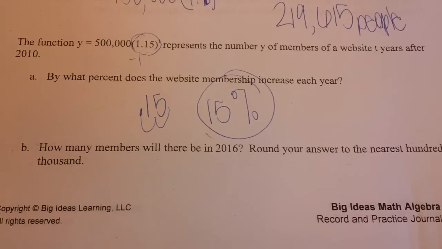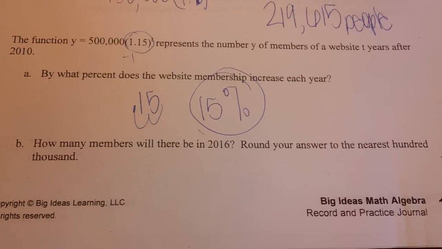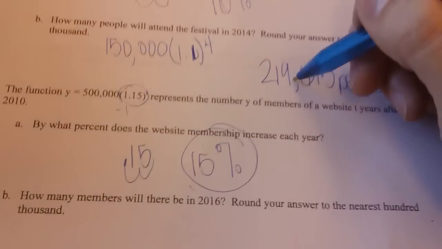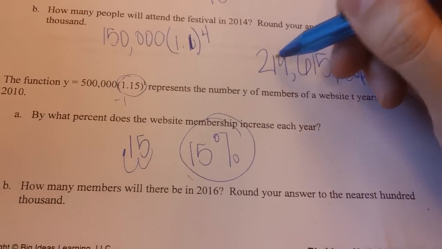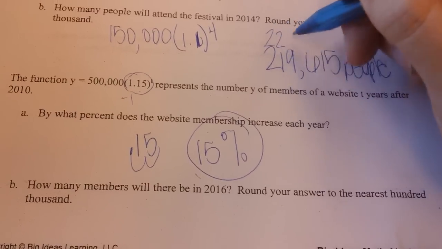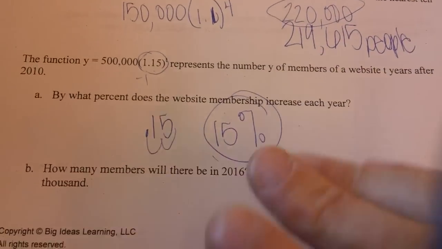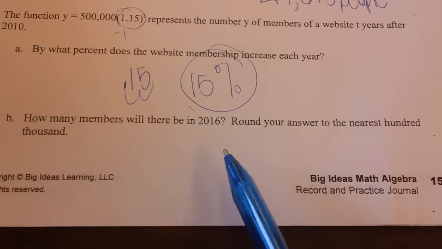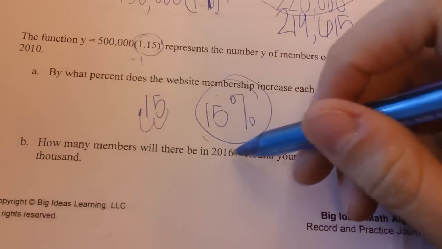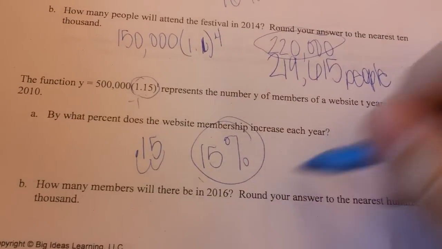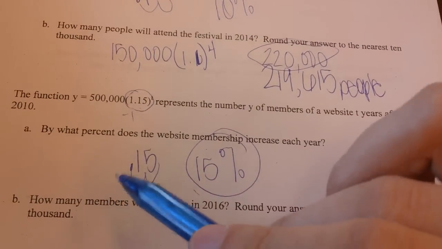And then how many members will there be in 2016? Round your answer to the nearest 100,000. Oh, the last one is supposed to be rounded to the nearest 10,000, which would be 220,000, I guess, for a final answer. Nearest 100,000. So 2016 is 6 years after 2010.